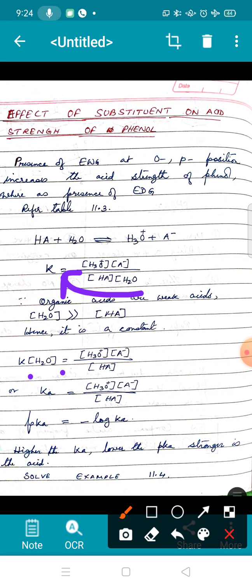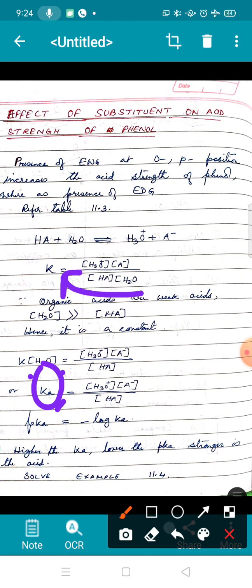Now K into H2O gives us a new constant, that is Ka, the equilibrium constant for acids. A stands for acids here. Now you find that the Ka value is directly proportional to the concentration of H3O+. So we know that the higher the Ka value, the stronger is the acid.